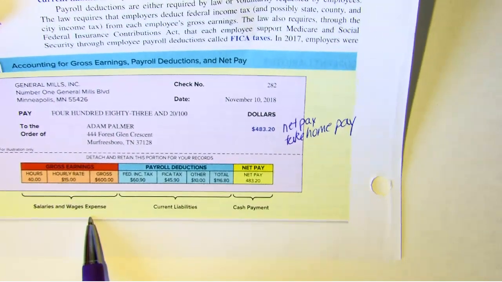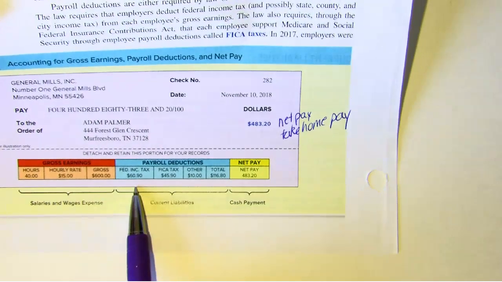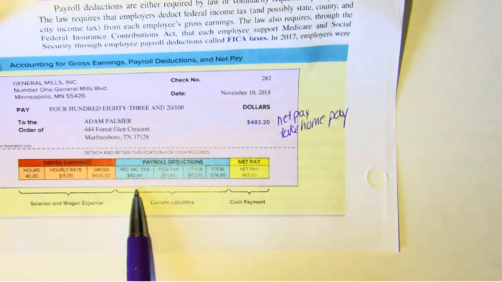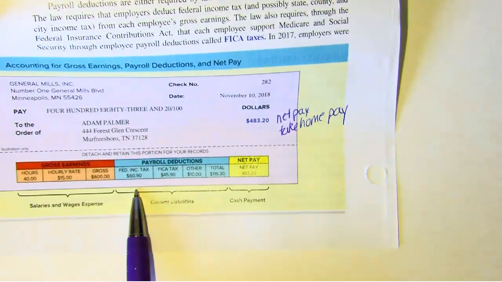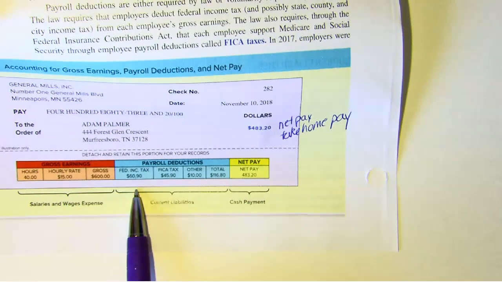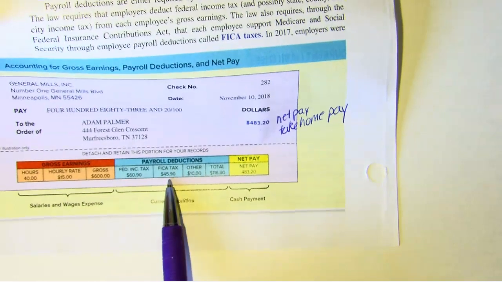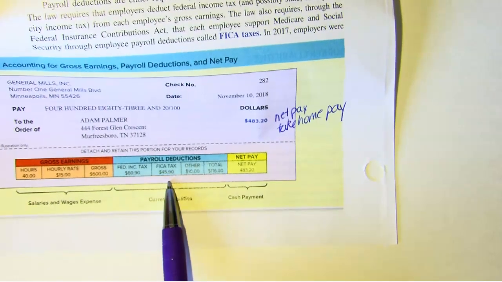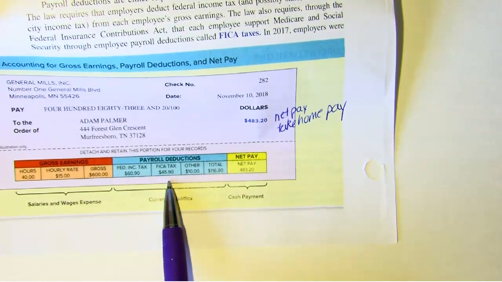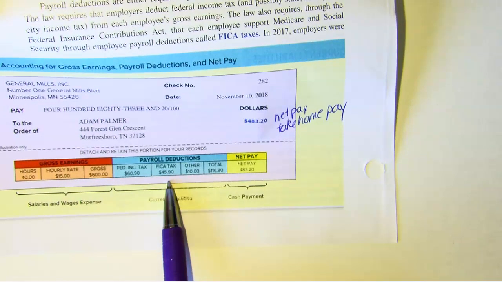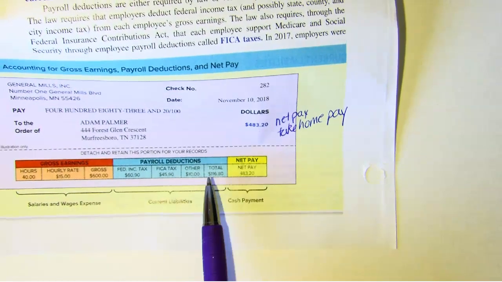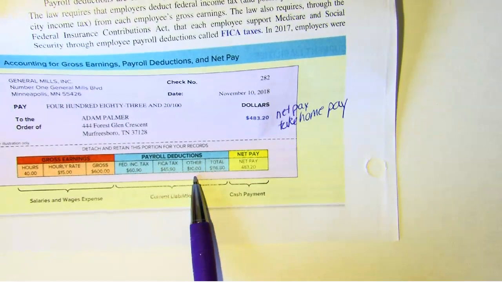From the gross pay, you have withheld federal income tax and state income tax, if the state you live in has a state income tax, and in New York we certainly do. FICA tax, which is Federal Insurance Contributions Act, includes both Social Security and Medicare. And then any voluntary deductions.